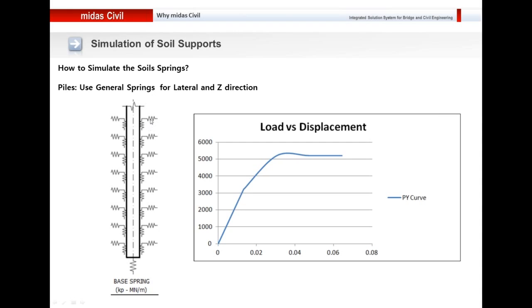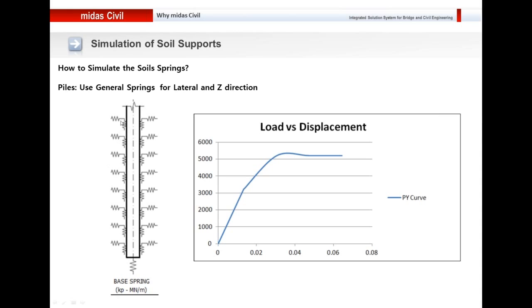So when we model the springs for the piles, we could model 2 compression only springs for both sides. But we don't have to. We can just model 1 spring which has the same stiffness in both the positive and the negative direction. So even if it goes towards left or right, it has the same stiffness, and this way we can model the soil springs for the piles.